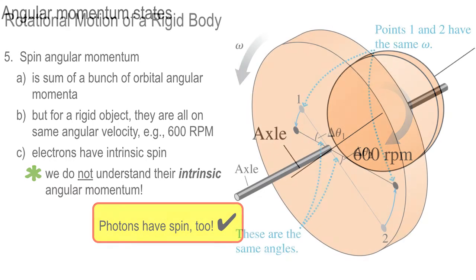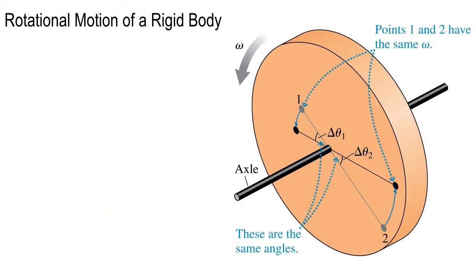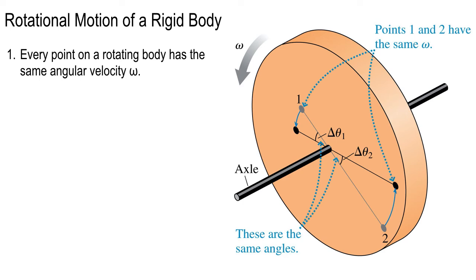So let's take a look at rotational motion. And here's where we're going to break things down into pixels, little tiny pixels. Every point on a rotating body has the same angular velocity omega. So 600 RPM or 5 RPM or whatever it happens to be. The symbol for that is this kind of curvaceous W, a lowercase omega.